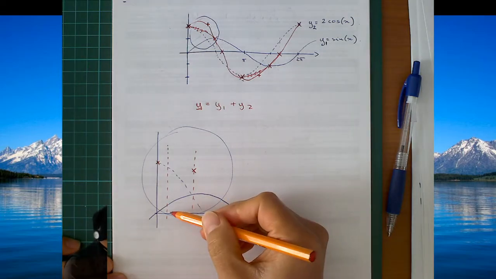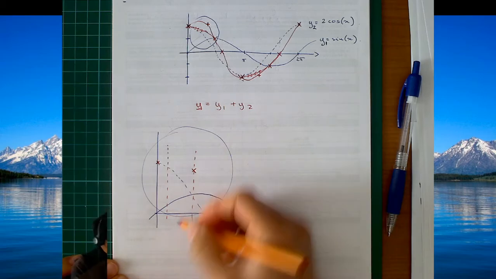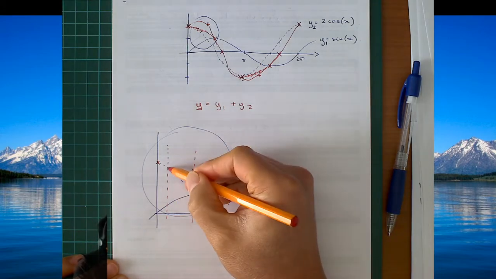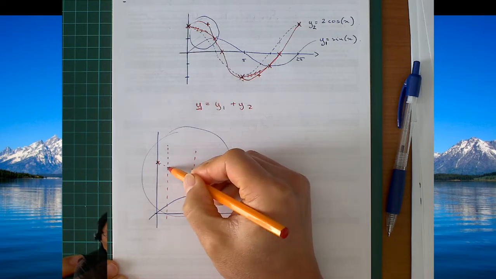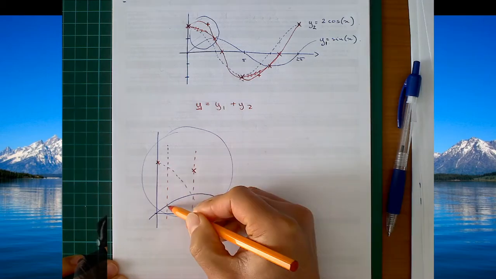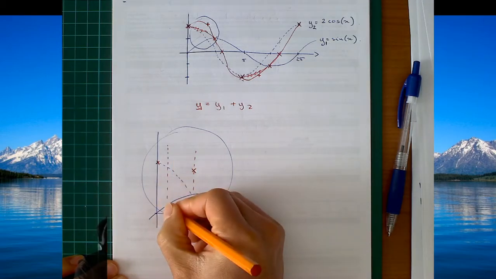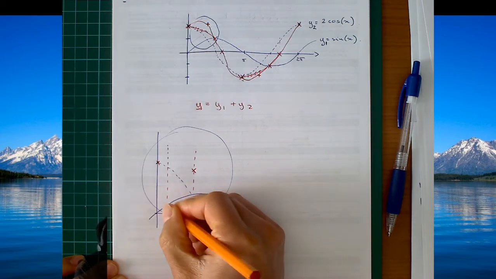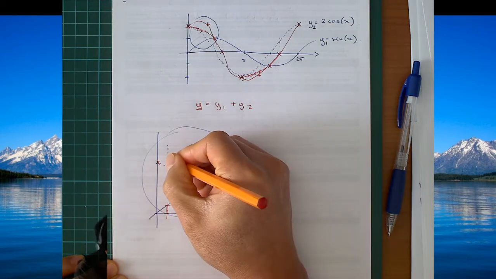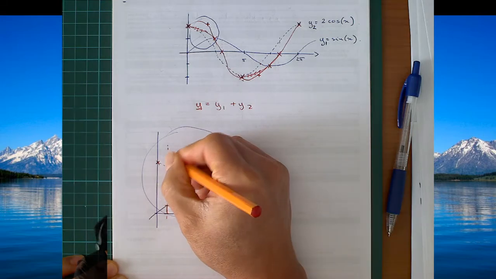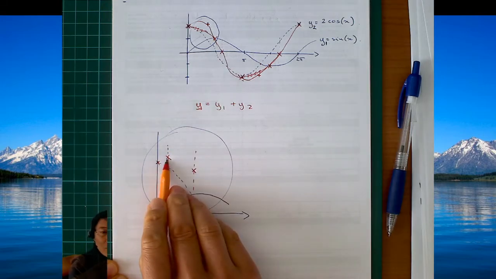Now, if they're both on the same side, what you do quickly is place your ruler here and pick one point on one curve. Usually I pick the highest, and what I'm going to do is add the smaller amount from the x-axis. So I measure that small amount here, and I translate it over here, and that gives me where the function of the sum of the two will be.